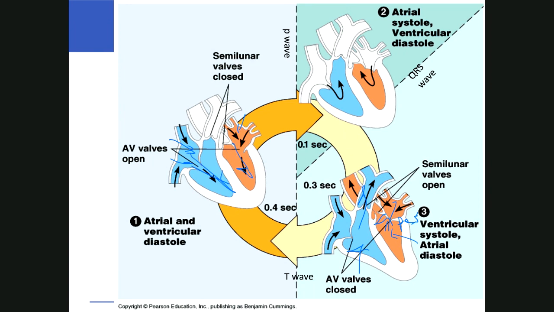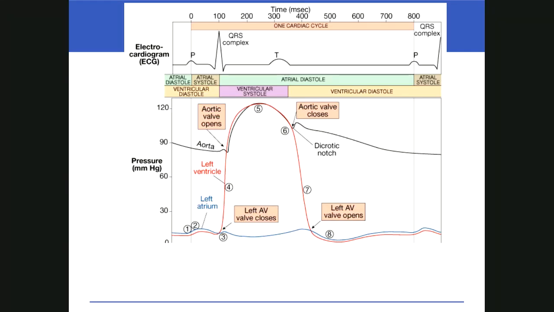And so when we look at this, here's the next part of our Wiggers diagram, and it's all about pressures. Remember, we measure pressure in millimeters of mercury. So there are 3 pressures we're going to look at. So this Wiggers diagram is only looking at the left side of the heart.